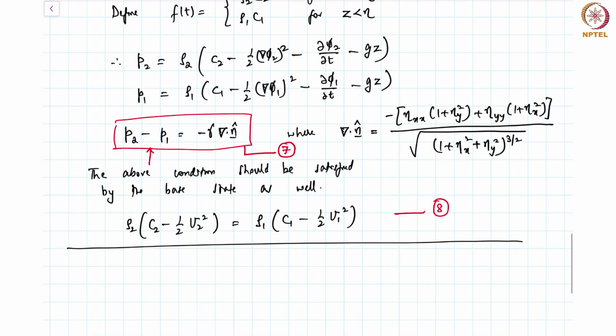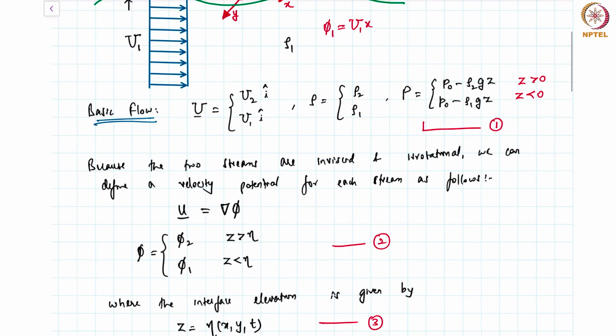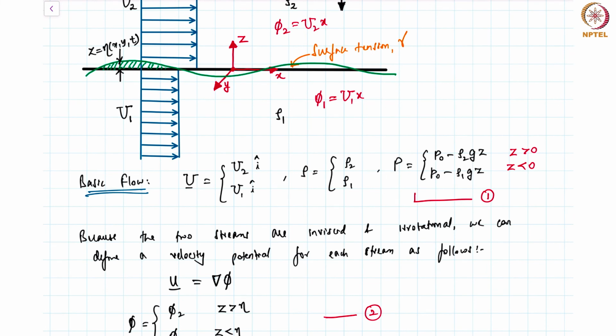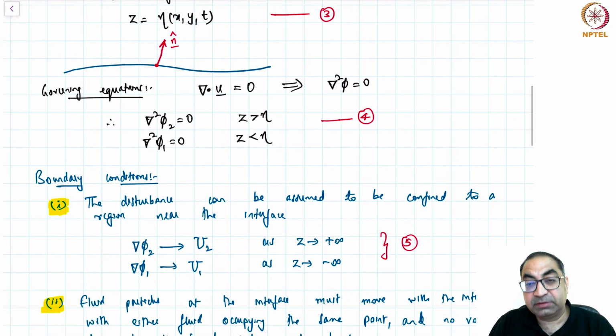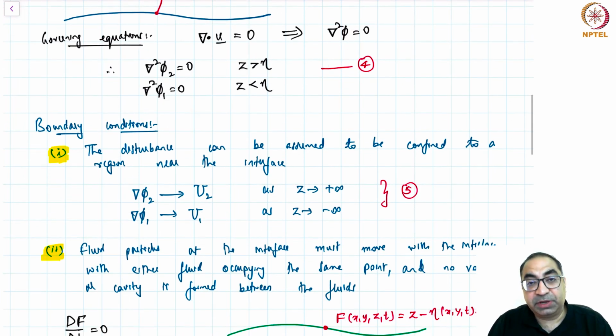Let's quickly recap what we have done so far. We have the velocities. We have two different velocities in the two streams, u1 and u2. And we've defined a velocity potential. The velocity potential in both the fluids would satisfy the Laplace equation. And then we wrote down the boundary conditions.